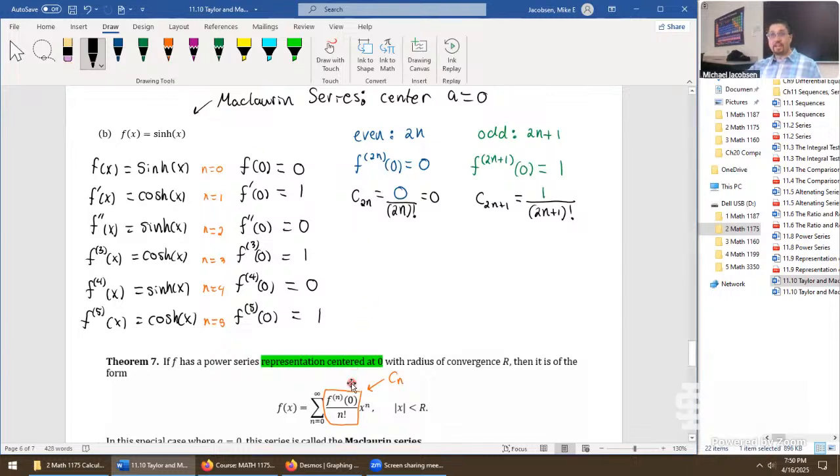So that's what's going to go inside right here, except we now have to call it C2n plus 1, which means the power on x is also 2n plus 1, and we'll have a 2n plus 1 factorial in the denominator. Really, really touchy whenever you have half your terms 0. So this problem is kind of a warm-up for when you do a problem like this for sine, and when we do a problem like this one for cosine at the end of the document.